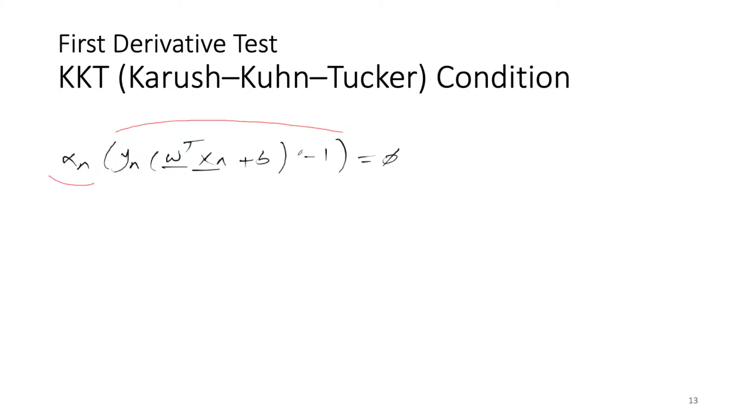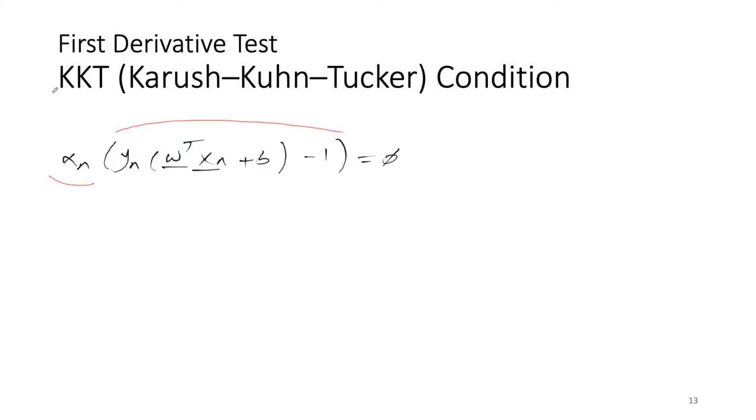Okay, so there is this last KKT condition that I'm going to showcase here before I stop. When you want to solve this, you end up with this formula: alpha n multiplied by this value, and the result is equal to 0, right? So alpha n multiplied by yn (w transpose xn plus b) minus 1 is equal to 0.